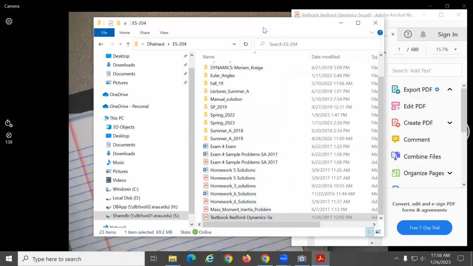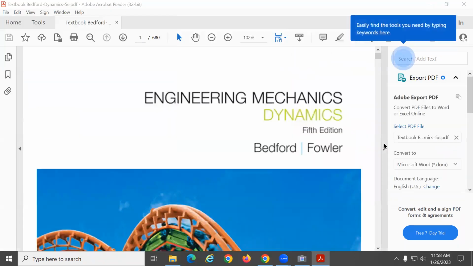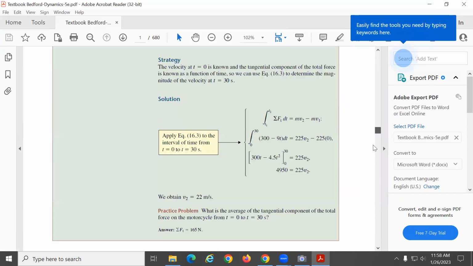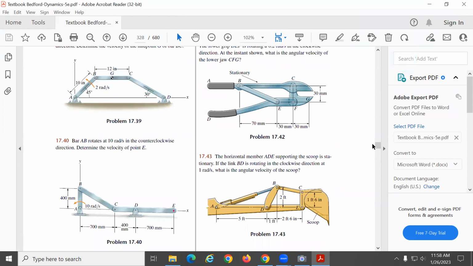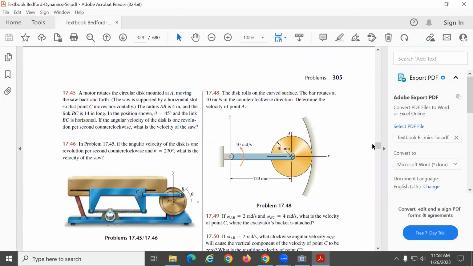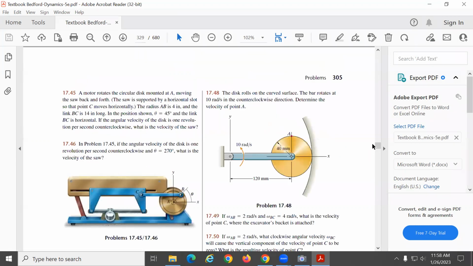That's all I want to say. Okay, let's see. Oh, that's the one, 1744. That's this type of problem that I like. But I also want the acceleration. So that's only half the step.